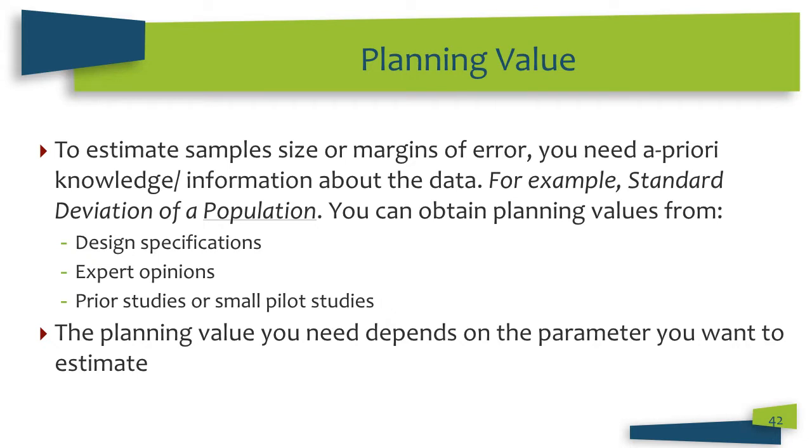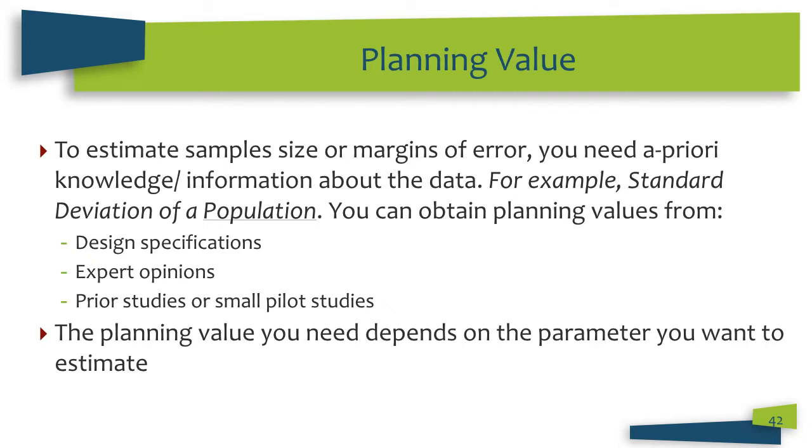And we can also take these planning values from previous studies. We can also do pilot studies to make an estimate of the planning values. So while planning values are a priori knowledge, the knowledge that you would require before you start the study, it is not really impossible to get, or at least it's not extremely difficult to estimate.